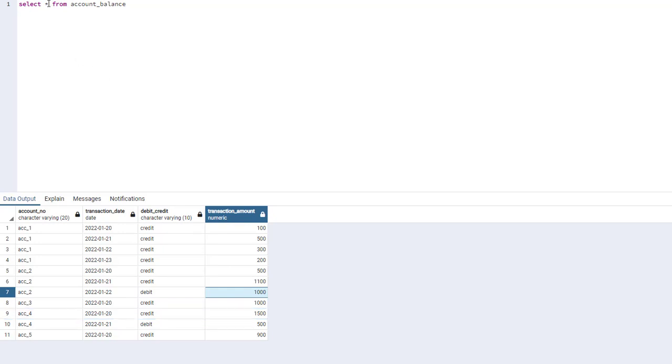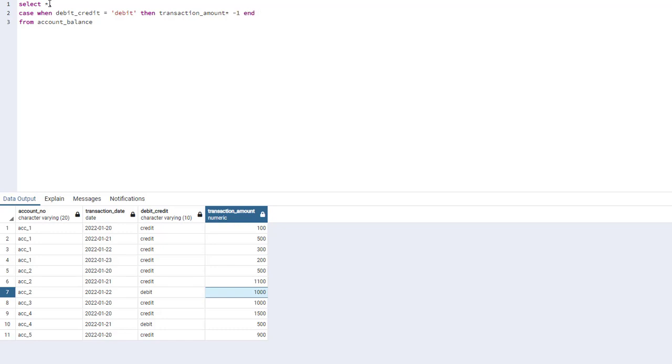To achieve that, we're gonna use case when credit is equal to debit, then the transaction amount should be negative. This is why I'm gonna multiply it with -1.